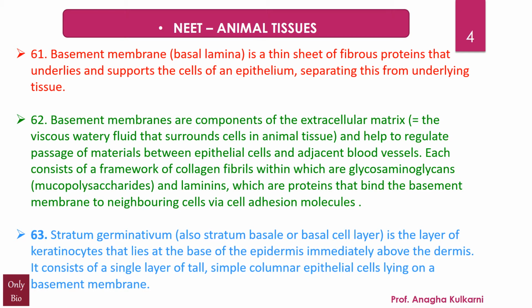Next, stratum germinativum, also at times called stratum basale or the basal cell layer, is the layer of keratinocytes that lies at the base of the epidermis immediately above the dermis. It consists of a single layer of tall, simple columnar epithelial cells lying on a basement membrane.